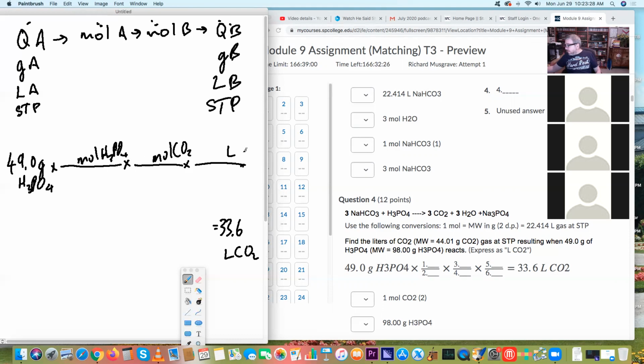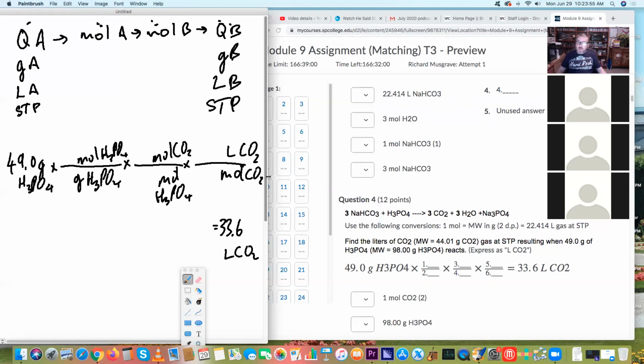And this will be liters of CO2 because that's what we want at the end. We know that this will be grams of H3PO4 to cancel. We know that this will be moles of H3PO4 to cancel. And this will be moles of CO2 to cancel. And it should be that easy to come up with the units.